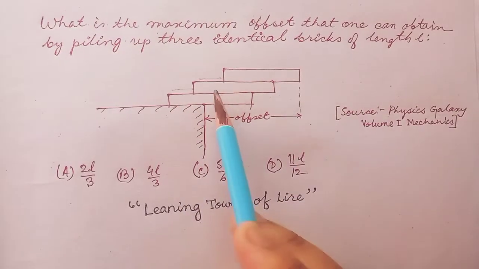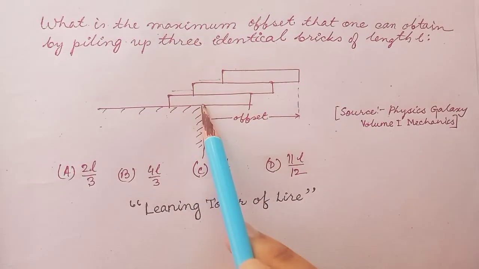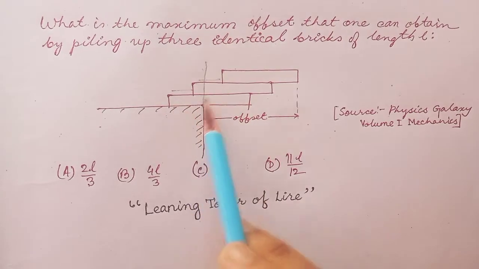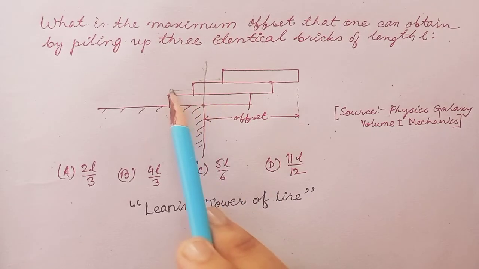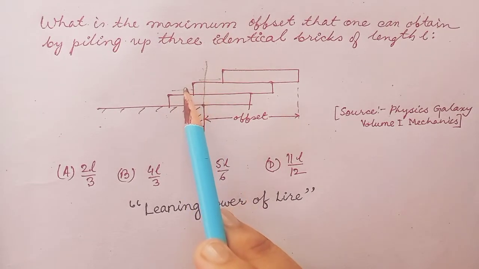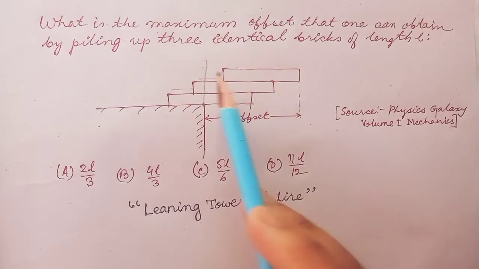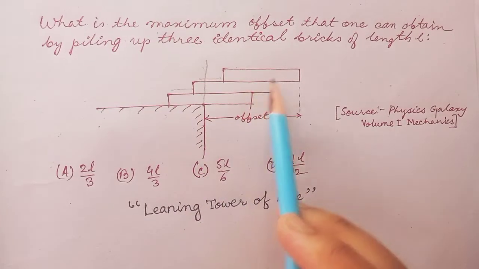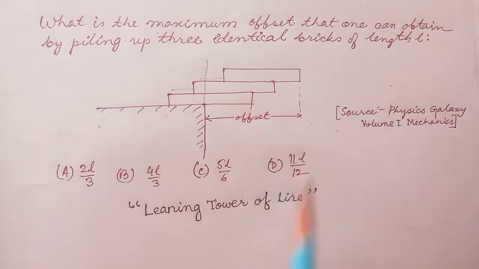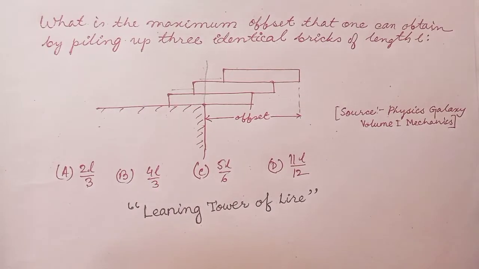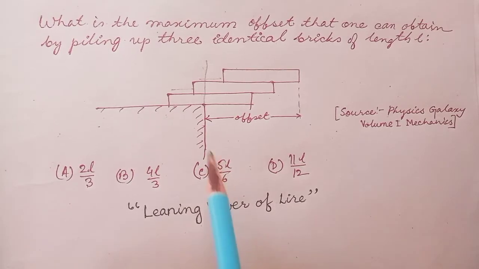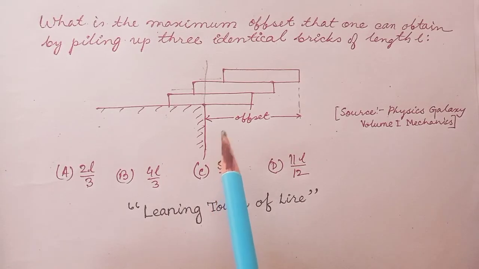So many assume that the center of gravity will lie along this line of this whole system, and by seeing the data given in the question, many assume that since this length and this length are equal, they will assume it to be x, and taking the length L they will solve, but we will not get to the answer using that approach. And that is the strategy that the question setters have used to befool the students.